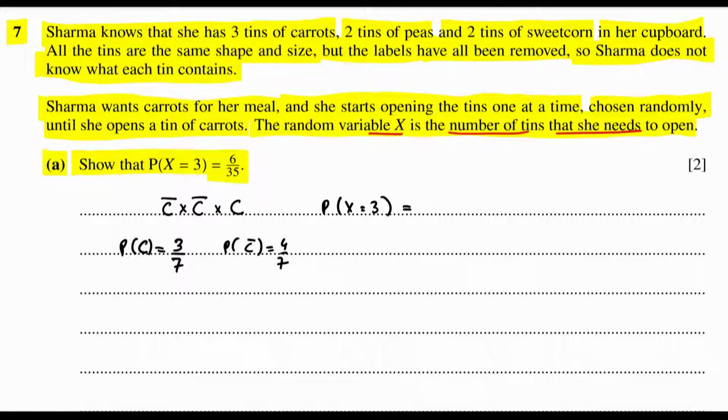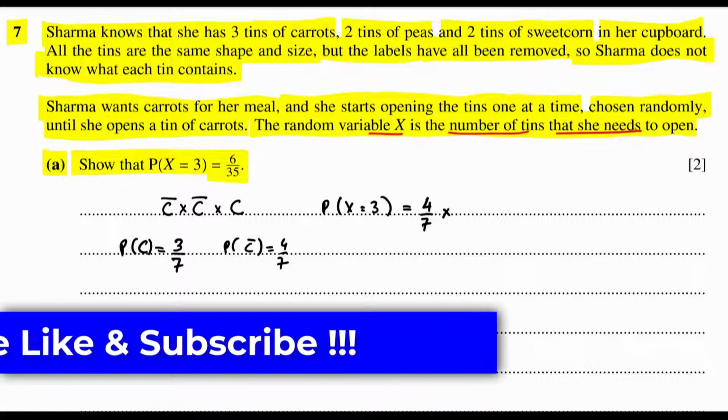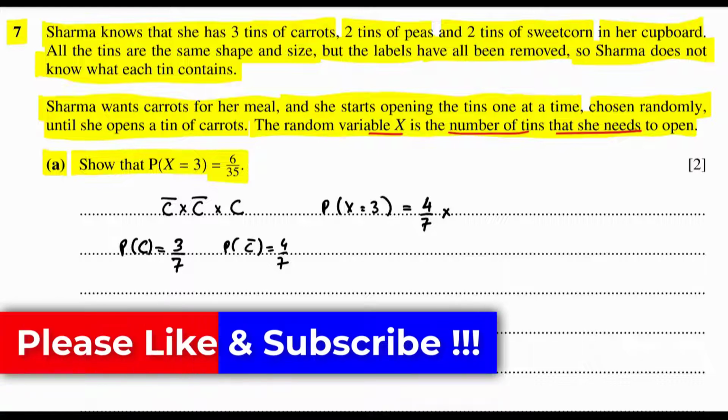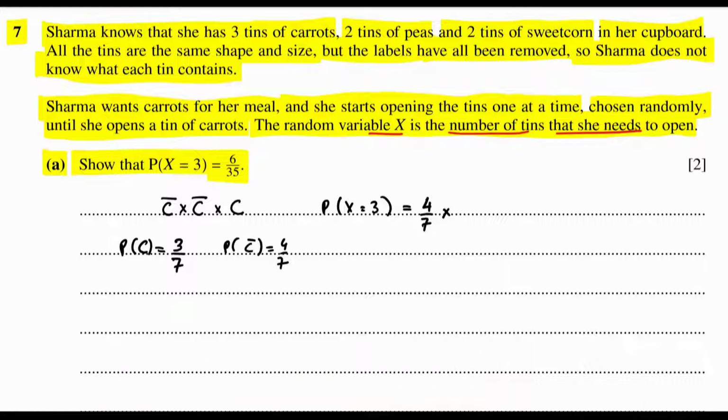The tin is removed once it is seen. So the probability of X equals 3 becomes: first one not carrot, then one non-carrot tin is removed and the total is also reduced, so the second one is also not a carrot, and the last one is a carrot.